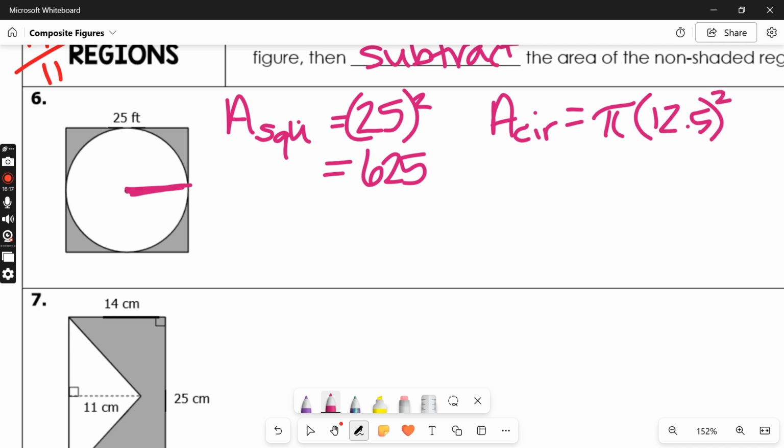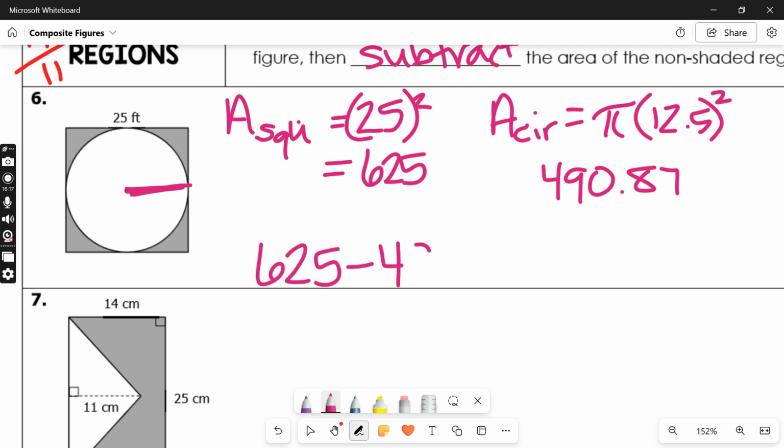Pi times 12.5 squared is going to be 490.87. And this time, instead of adding the two together, I'm going to subtract them. I had the square and I'm taking the circle out of the square. So this would be 134.13.